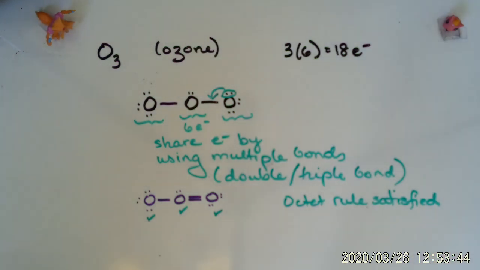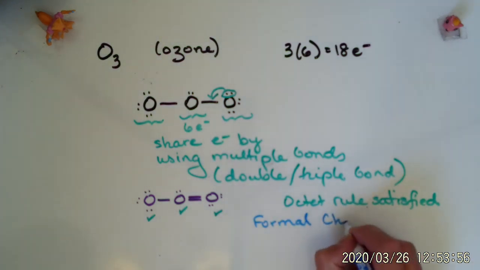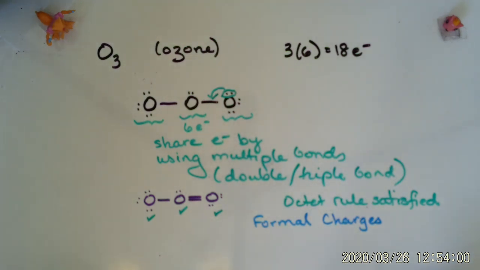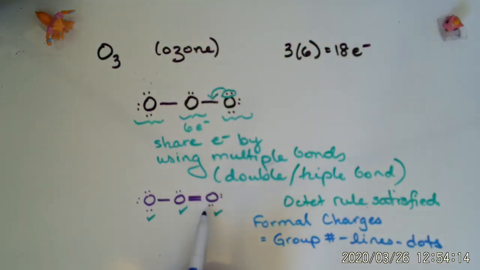And now what we need to do is talk about formal charges. So remember, formal charges basically are my group number minus the lines minus the dots. Okay, so 6 minus 1, 2, 3, 4 minus 2.